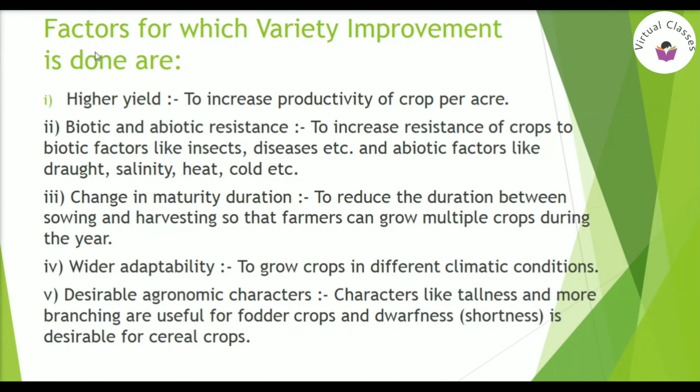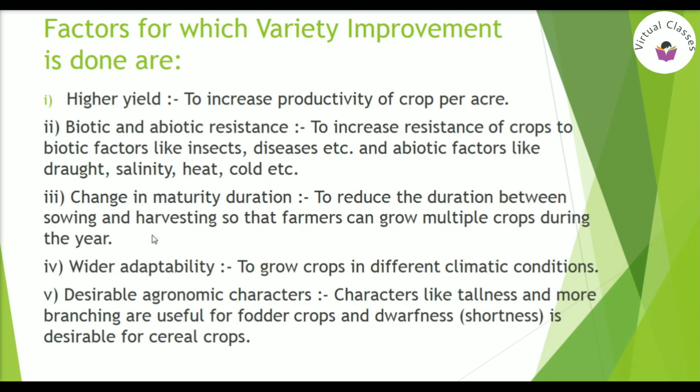Now, what are the factors or need for which variety improvement is done? First is higher yield, to increase productivity of crop per acre. Second is biotic and abiotic resistance, to increase resistance of crops to biotic factors like insects, diseases, etc., and abiotic factors like drought, salinity, heat, cold, etc. Third, change in maturity duration, to reduce the duration between sowing and harvesting so that farmers can grow multiple crops during the year.